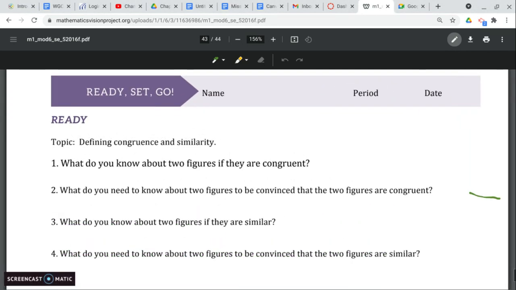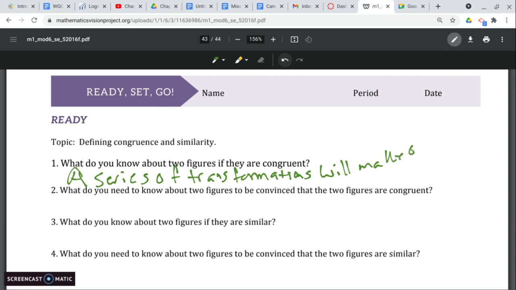Well, if two figures are congruent, then a series of transformations will make one land exactly on the other.